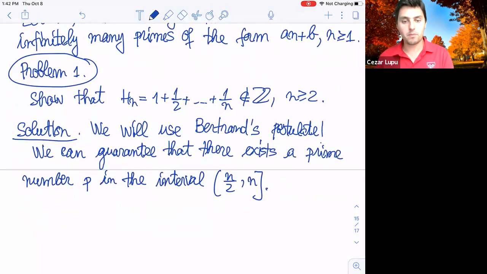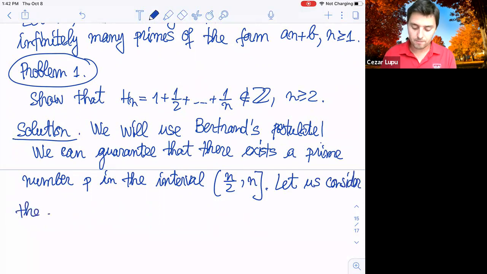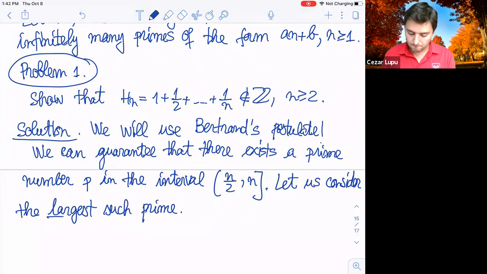And now we're going to make a choice. Let us consider the largest such prime. And now we can write Hn in the following way, and look what I'm going to do.